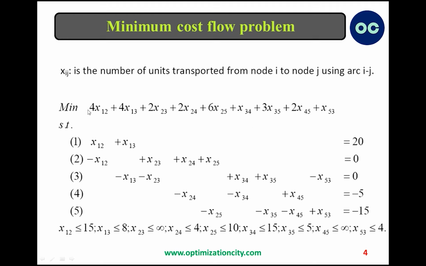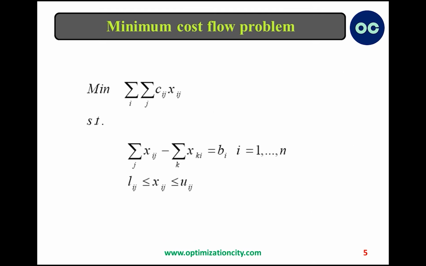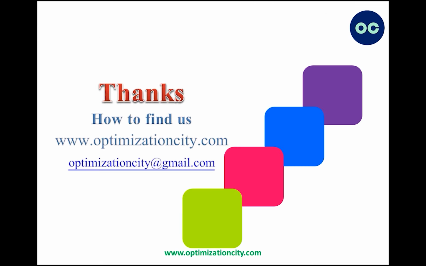This is the cost for each unit of transport passing each arc. So this is the general form of the minimum cost flow problem. The model shown here represents the general form. However, we can simplify this model into the other form that we explain in this presentation.